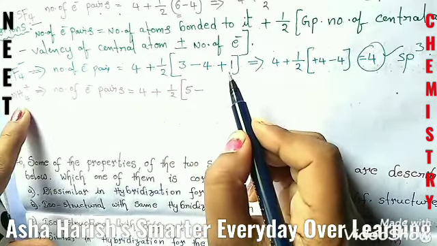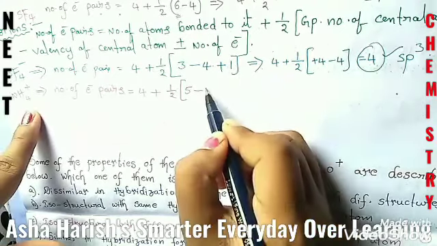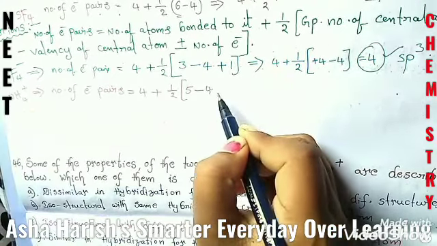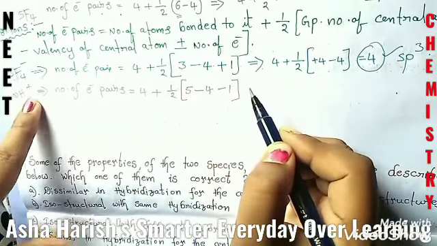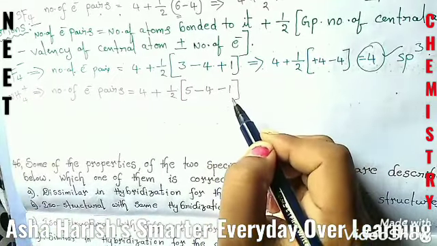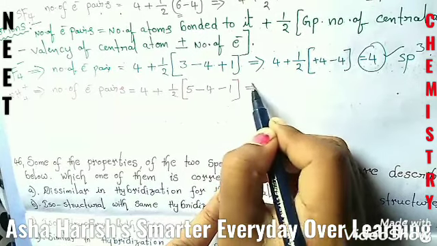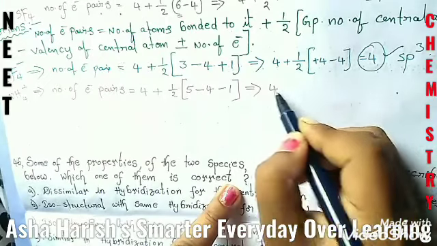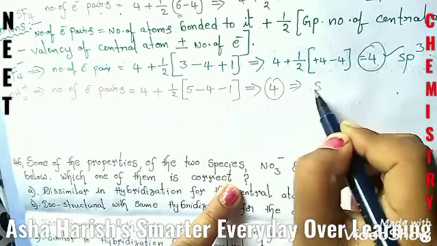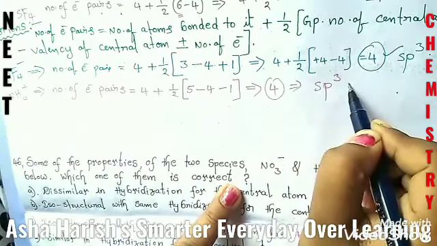Nitrogen is going to form 4 bonds with hydrogen, so we take 4 here, and minus 1. Why? Because there is cation formation, so we need to subtract 1. By simplifying this we get the number 4. That means the hybridization should be sp3.